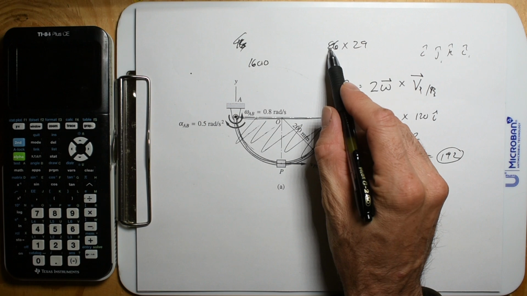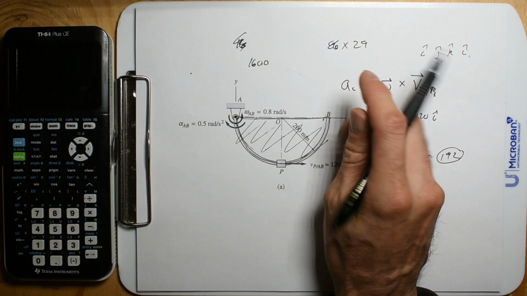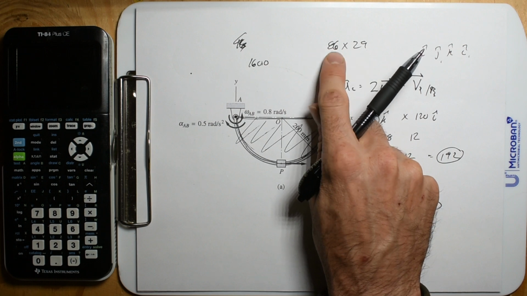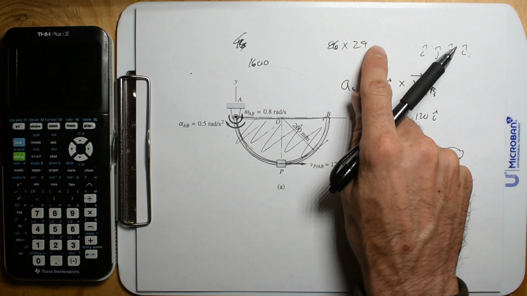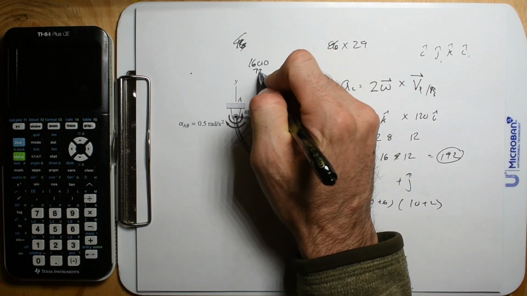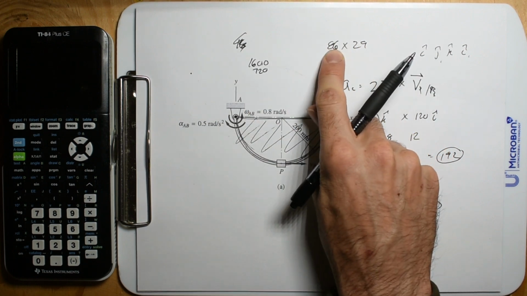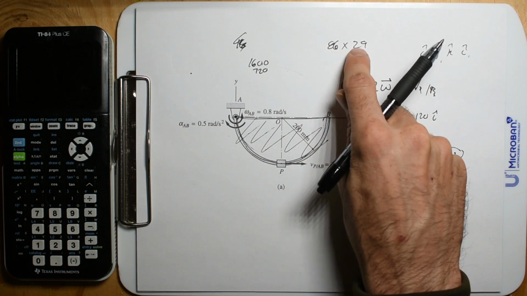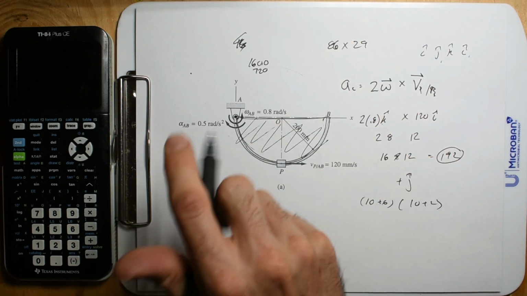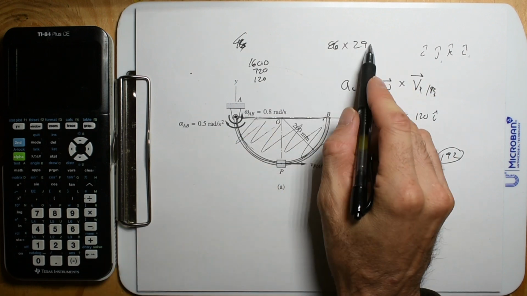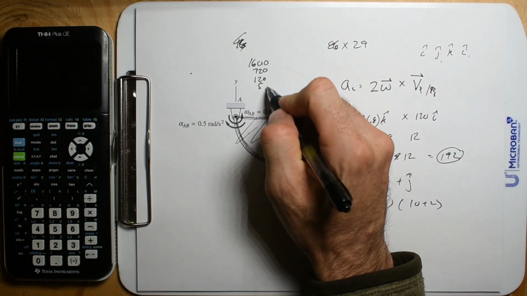Then we're going to have 80 times 9. So 8 times 9 is 72 plus that 0. Now we're going to have 20 times 6. 2 times 6 is 120. There you go. And then 6 times 9 is 54.